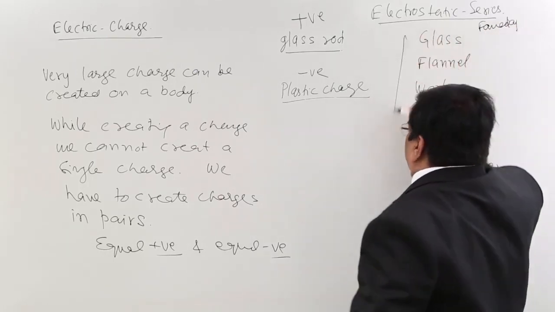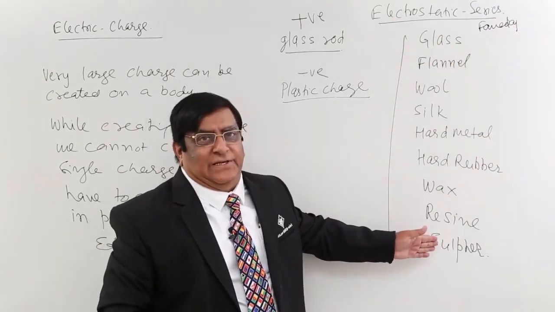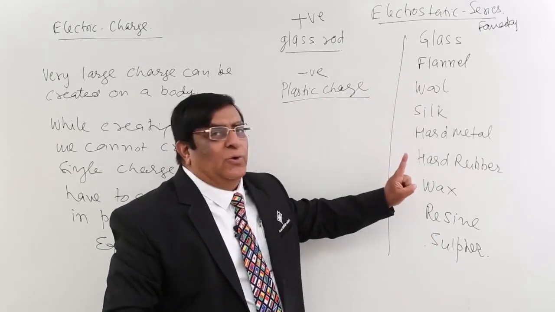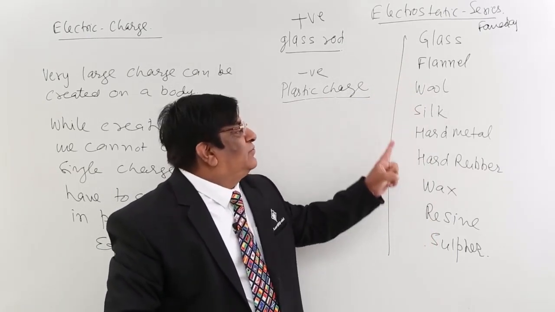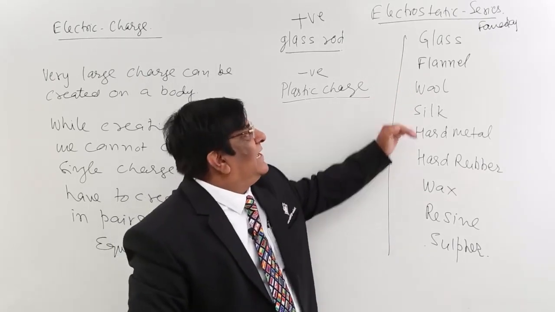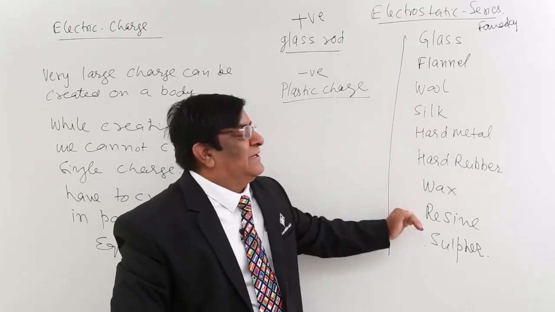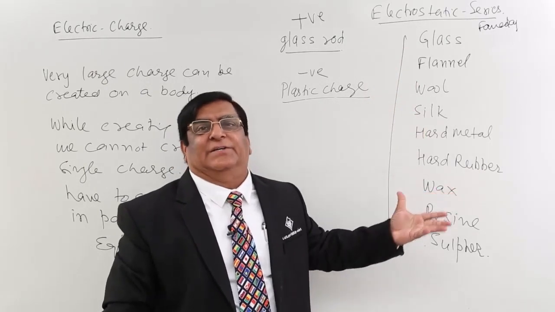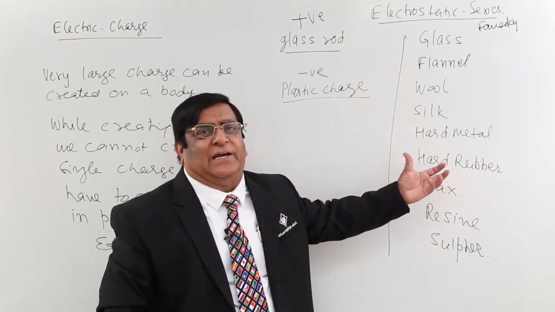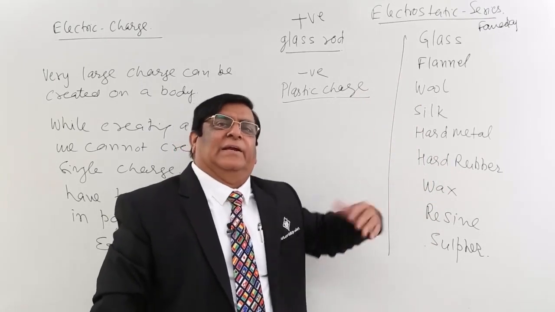In this series he put a few day-to-day use materials, and there is a rule that whenever any two objects of the series are rubbed together, the one which is higher in the series will get positive charge and the one which is lower in the series will get the negative charge. This will help us as a fast index to find out, whenever we rub two things, which one will get which charge.